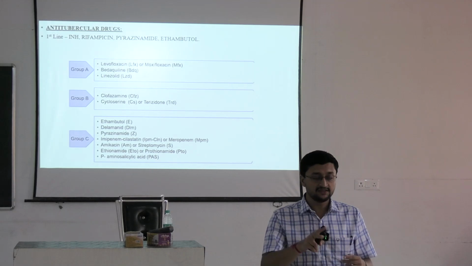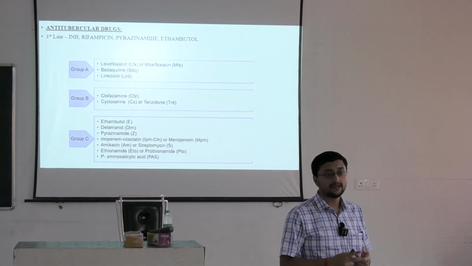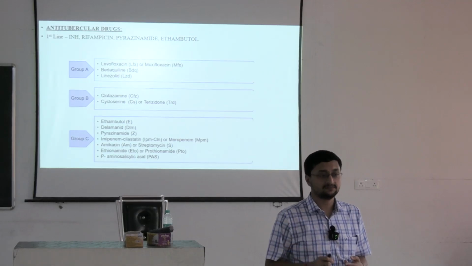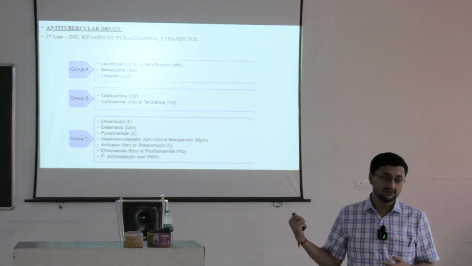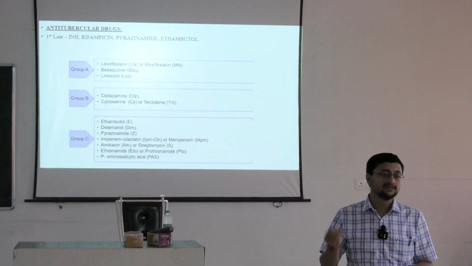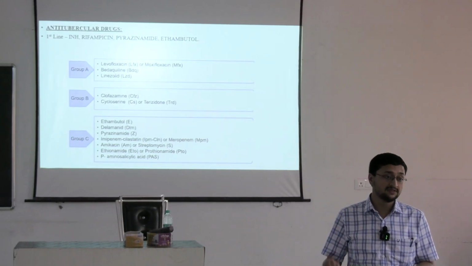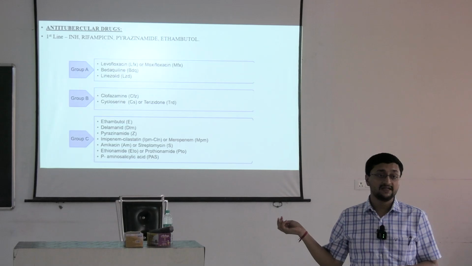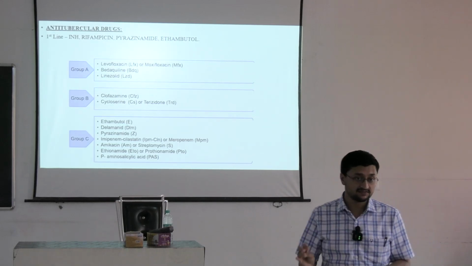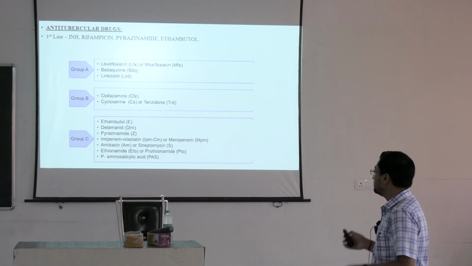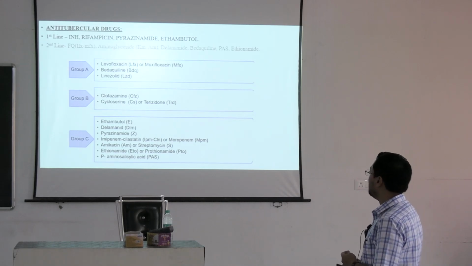Second, in group 2 or group B, 2 drugs, cycloserine and clofazimine. Okay, and the last one in group C, the rest, that means ethambutol, ethionamide, amoxicillin, piperacillin, meropenem, imipenem, right, and delamanid, PAS, para-aminosalicylic acid. So these are the groups of anti-tubercular drugs.